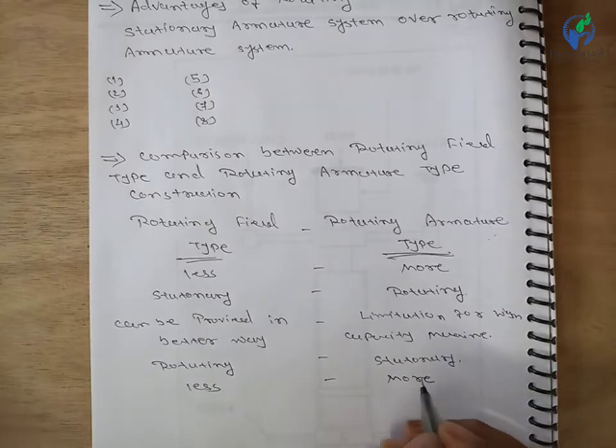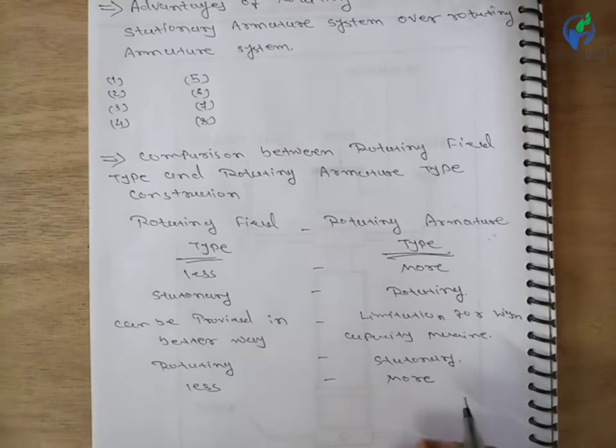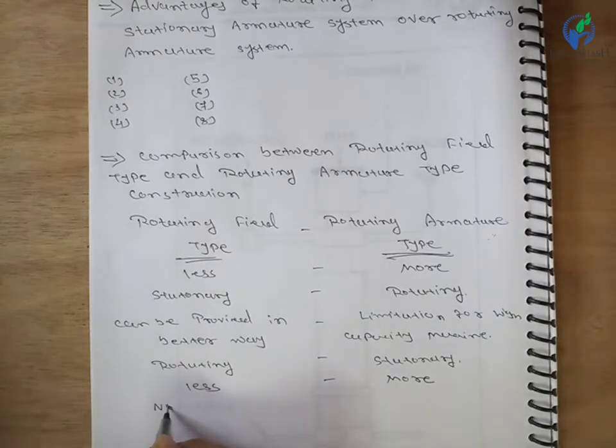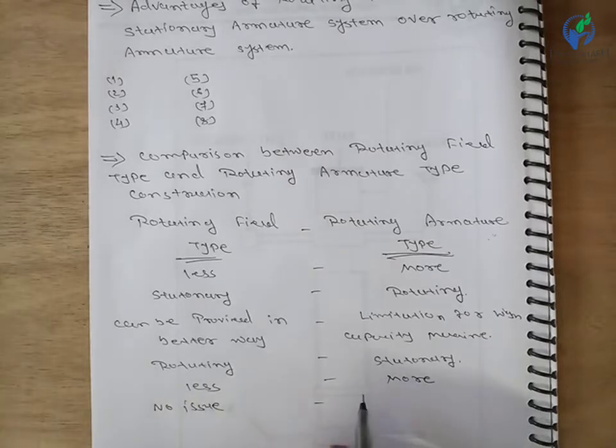Now the next point is the slip ring insulation problem for a high capacity machine. In the rotating field type machine, there is no issue of insulation. In the rotating armature type system, there are several problems in slip ring insulation for the high capacity machine.